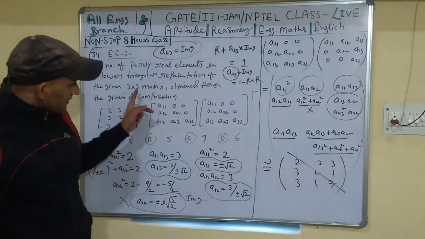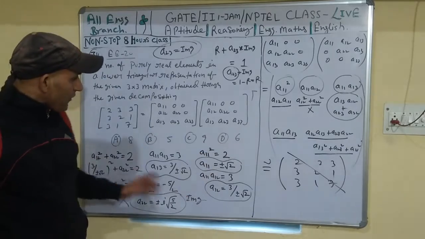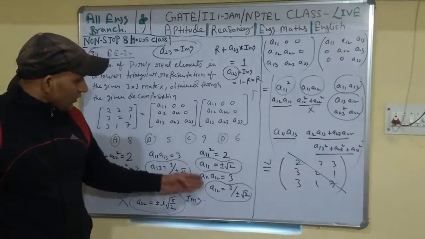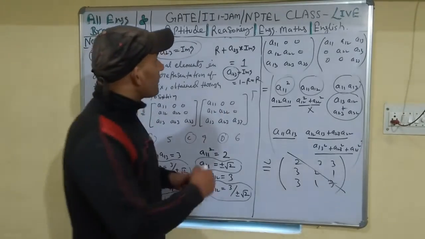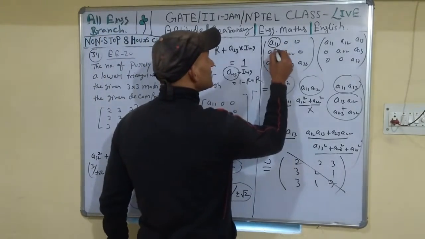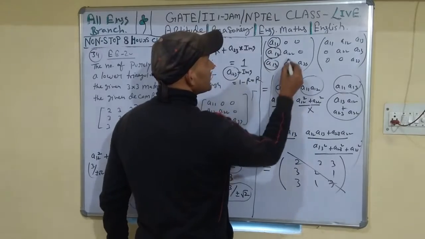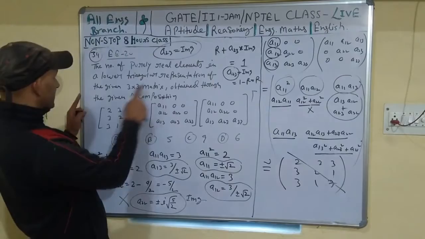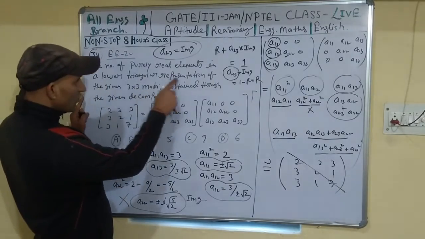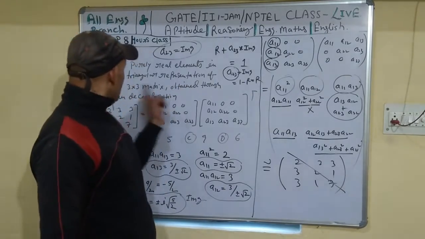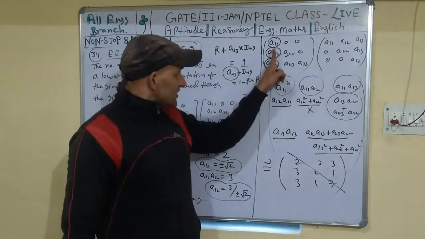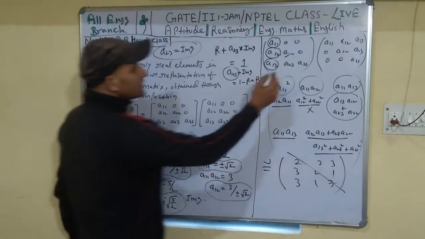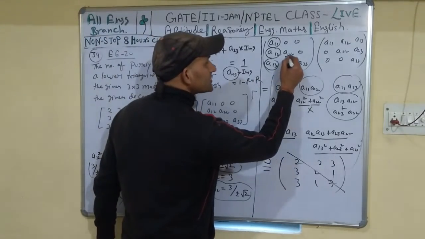But he has asked how many real elements there are in the lower triangular form after decomposition. So this is real, this is real, this is real. This is imaginary, A22 is imaginary, and this is imaginary.